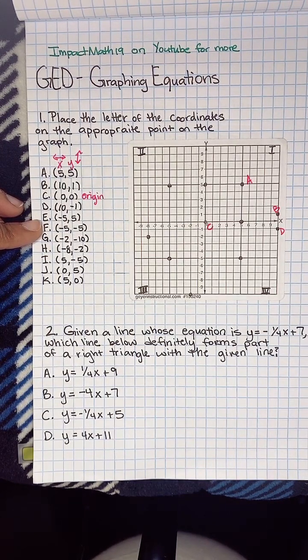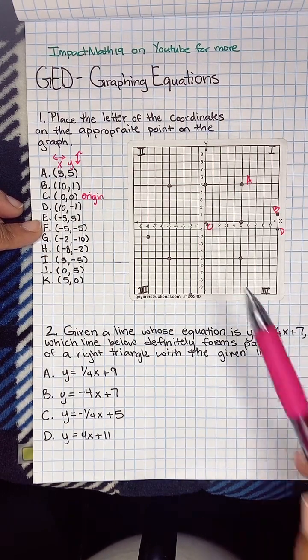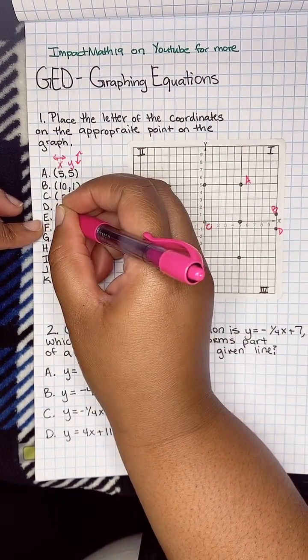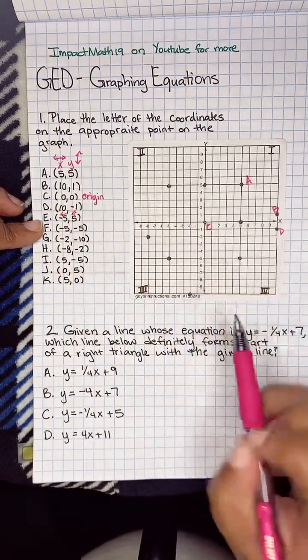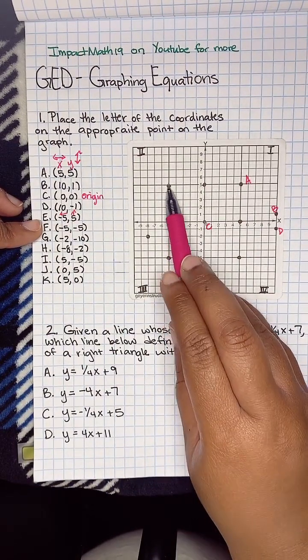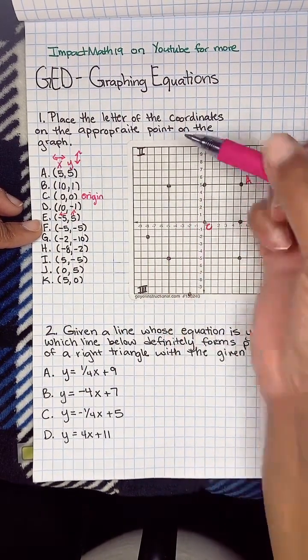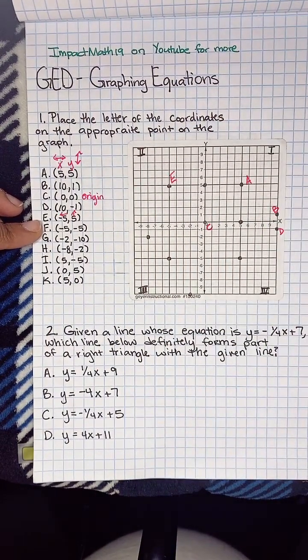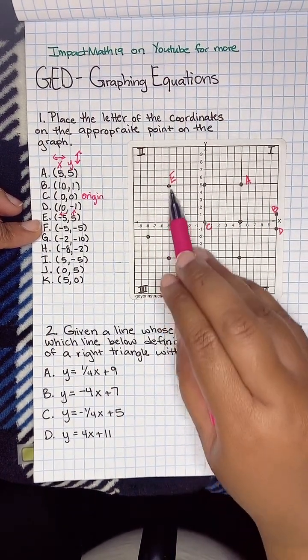Okay. Remember, this tells me I'm going to go left, then up. I'm starting at 0. I'm going to go left 5 and then up to positive 5. So this is going to be in quadrant 2.